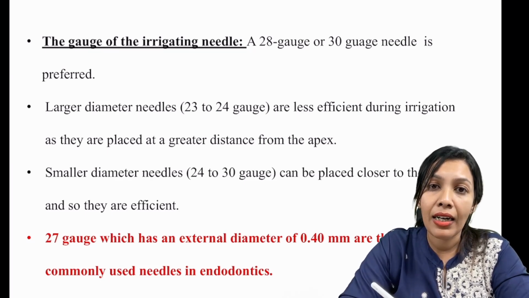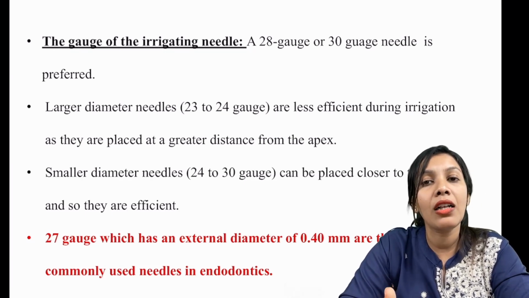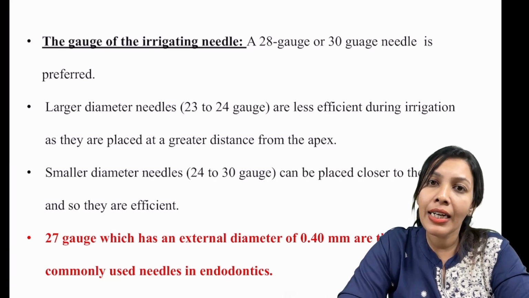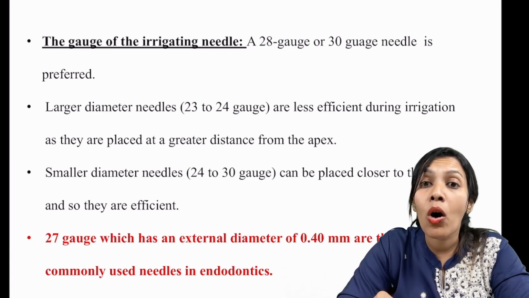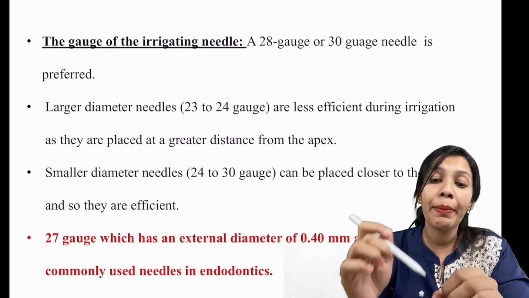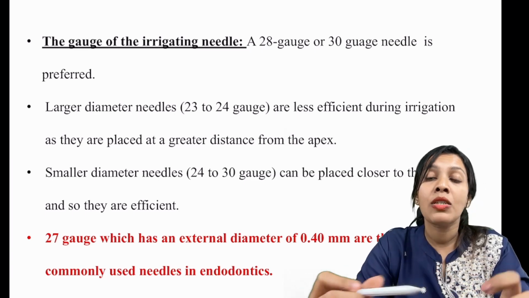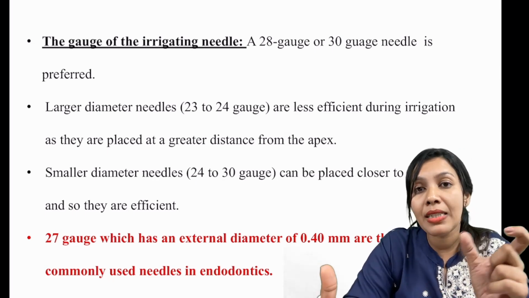Next is the gauge which we take as an irrigation needle. We know that there are many gauge sizes like 23, 24, 27, 30, etc. Preferred is 28 or 30, which has a very small diameter, since the smaller the diameter, the more easily we can penetrate into the root canal. It is inversely proportional: larger diameter means the number will be small.